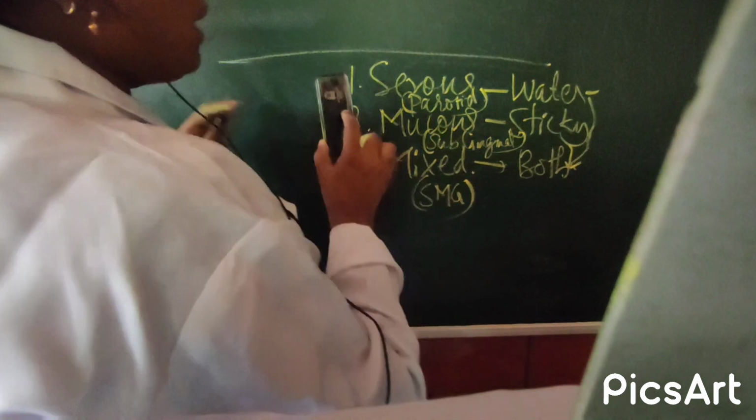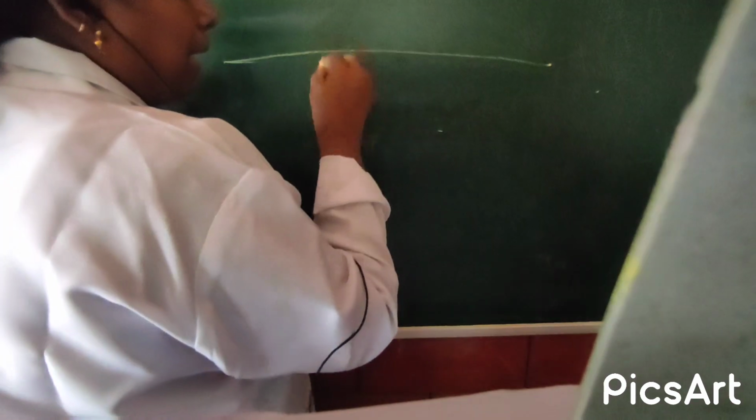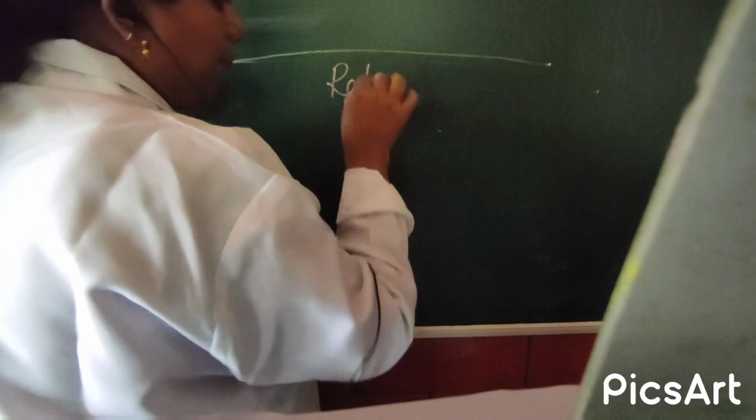Coming under the category of serous salivary gland is the parotid gland, which is the largest salivary gland. The parotid gland is situated in the retromandibular fossa.